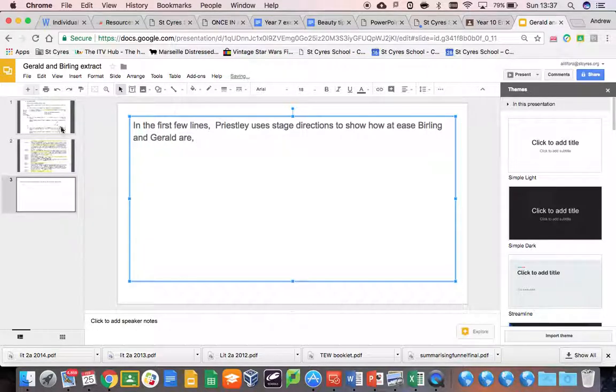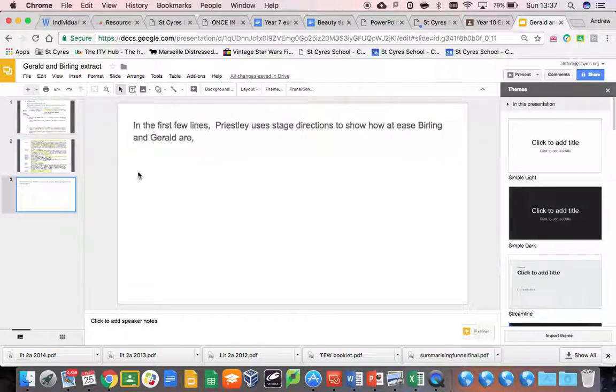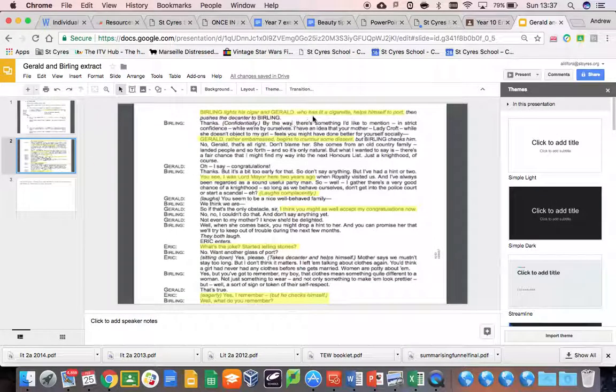Then we would just drop in the quote. Birling lights his cigar. And Gerald. Right, I don't need all of that quote. I'm not going to say he has lit a cigarette.